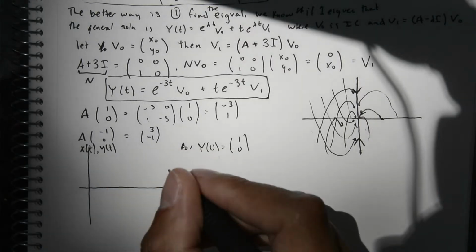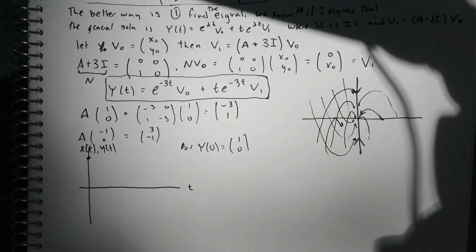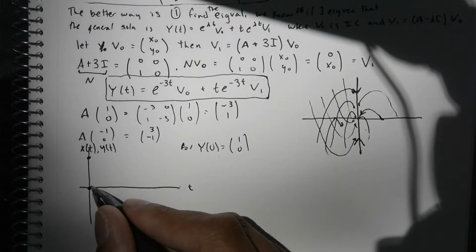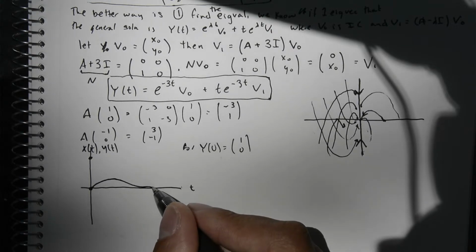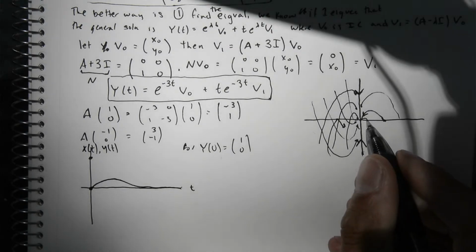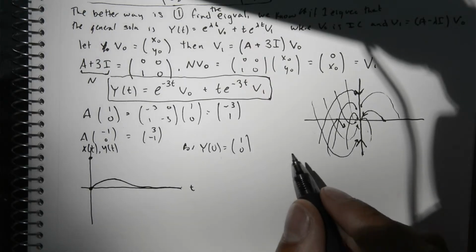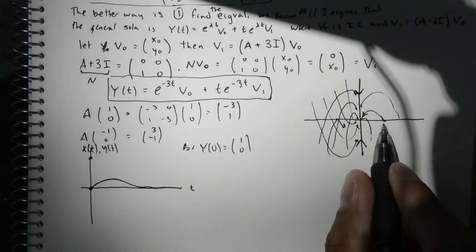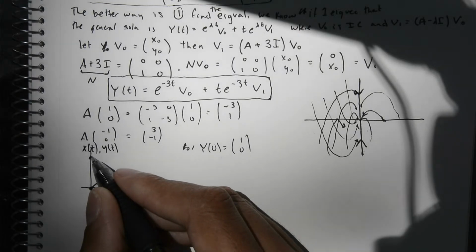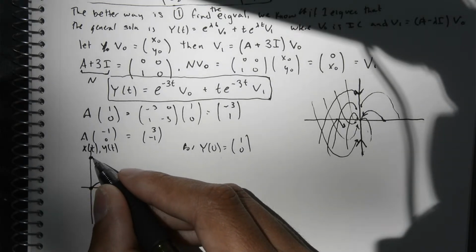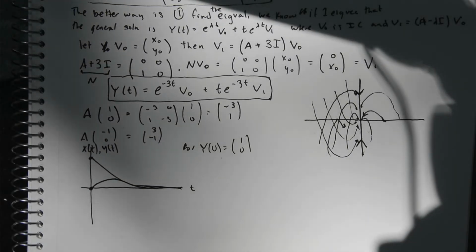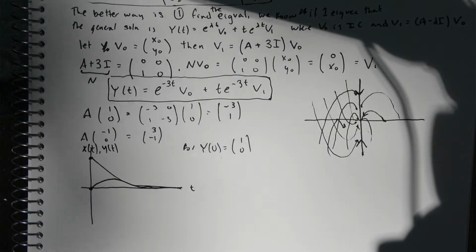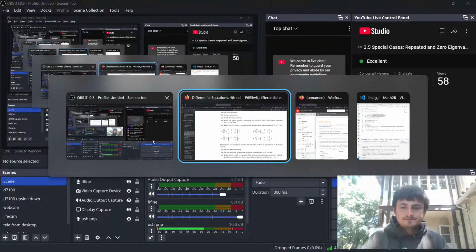But anyways, we're going to start with x up here and y at 0. Y is going to go up and then slowly approach 0. Does it cross? I don't think it crosses. And then x of t is going to go like this, right? Okay, let's check our answers.